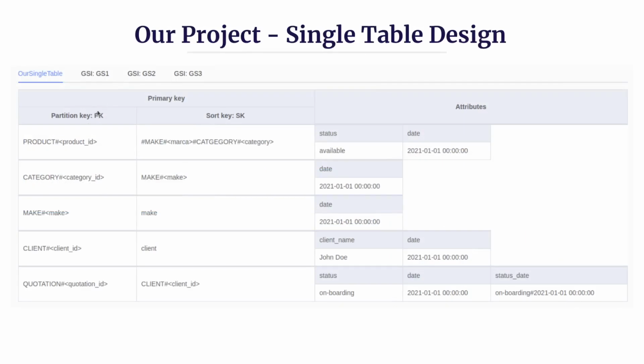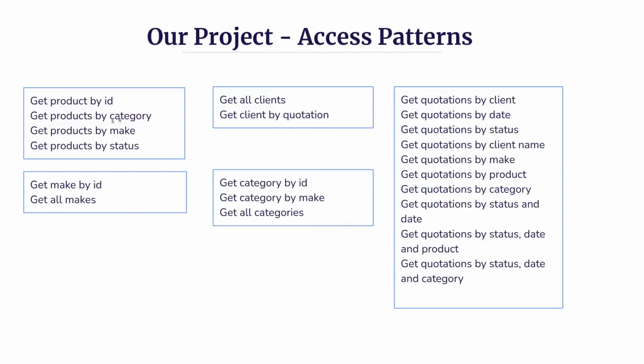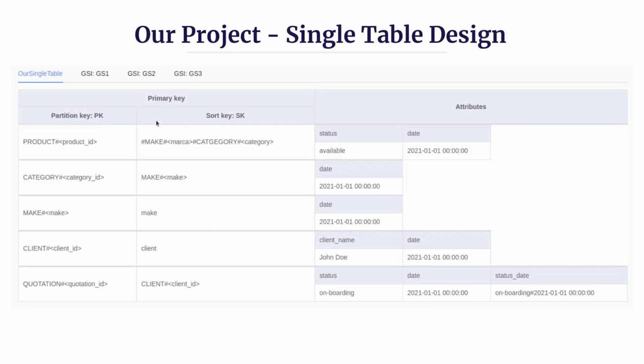The next one would be to get by make and by category. So what we do here, as I told you, is pre-join. We have the make with ID and the category. Why are we joining the two entities here?